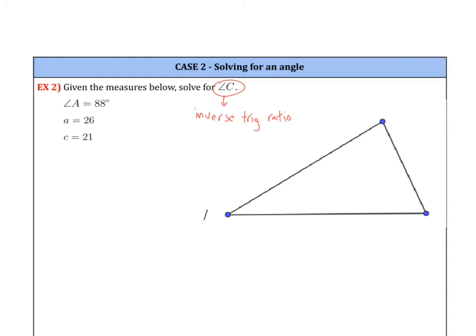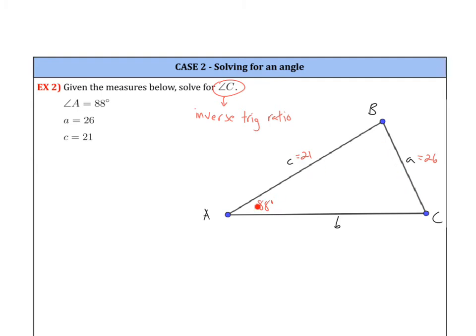So let's go ahead and, of course, label the triangle one more time, triangle ABC. Across from angle A is going to be little a, across from angle B is little b, and across from angle C is little c. Filling in the triangle with our measurements, angle A is 88 degrees, little a is 26, and little c is 21. Again, very similar steps because we have to use the law of sines here.